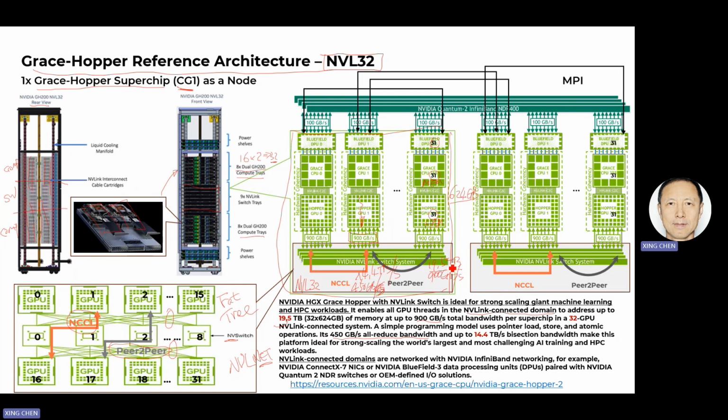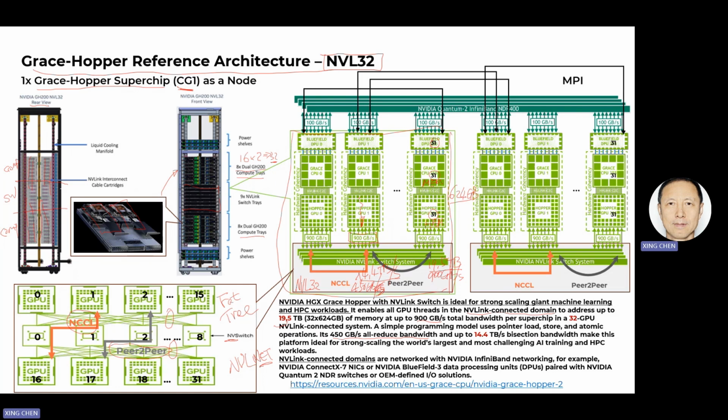That means the total quantity of memory should be 8 times smaller. And because the NVLink network is also 8 times smaller, the bisectional bandwidth will be 8 times smaller than NVL256.